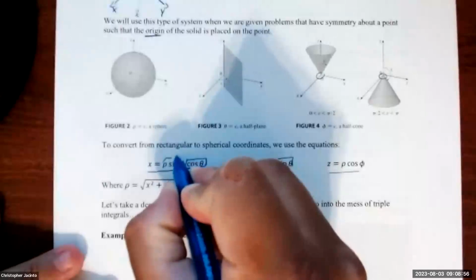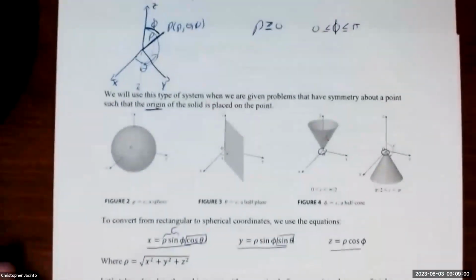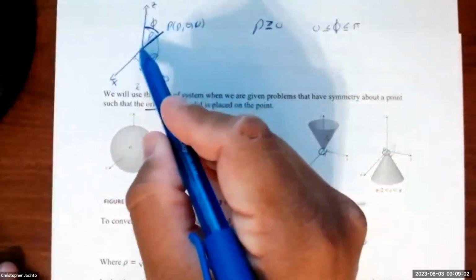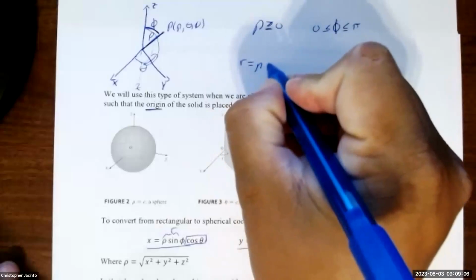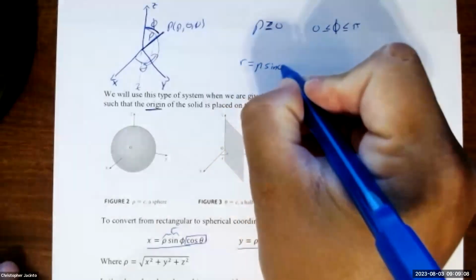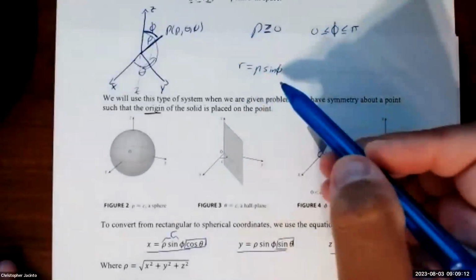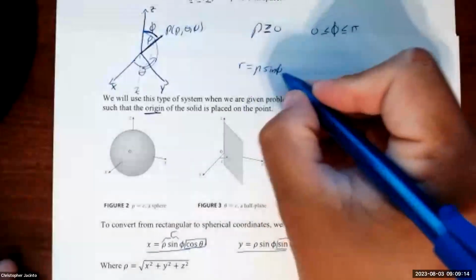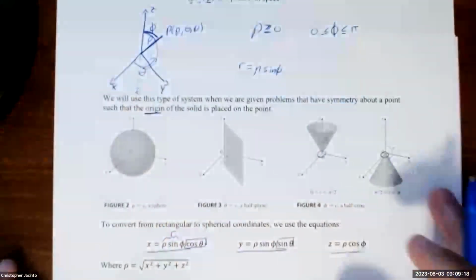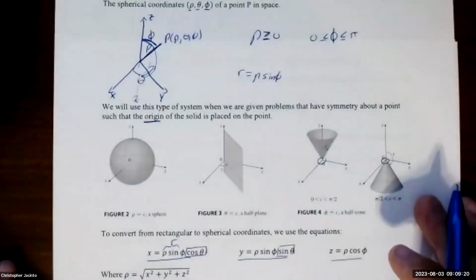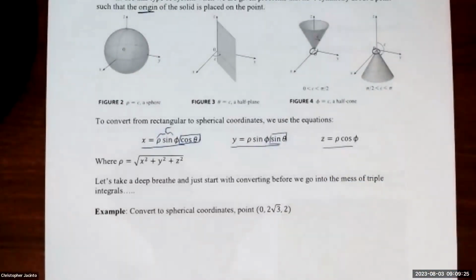So this right here is our radius. So that's how we get the radius from here to here. So this radius is in terms of just rho sine phi. I said rho sine theta. It's confusing. Rho sine phi. So how do I get this radius right there?